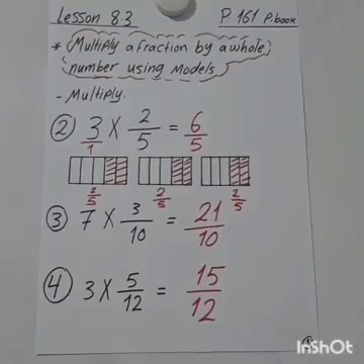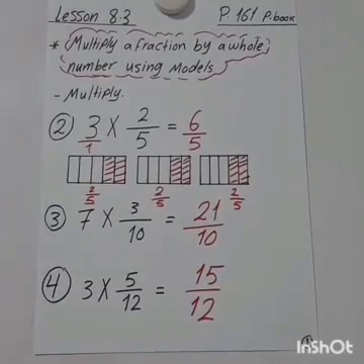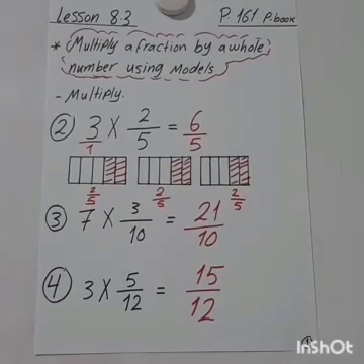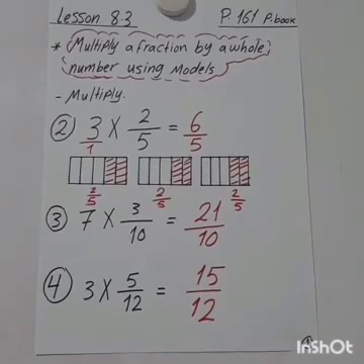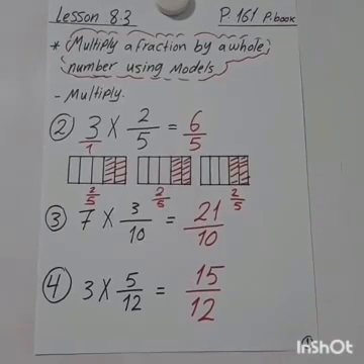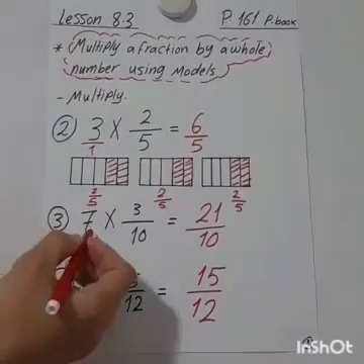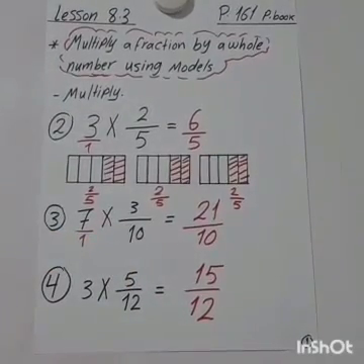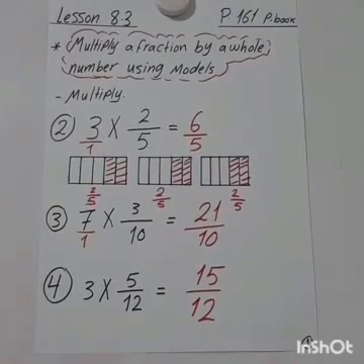Now let's see without models. We can do it the easiest way. We take the whole number times the numerator and leave the denominator as it is. Why? I told you before, I can imagine that the denominator is 1. So number 3, 7 times 3/10.